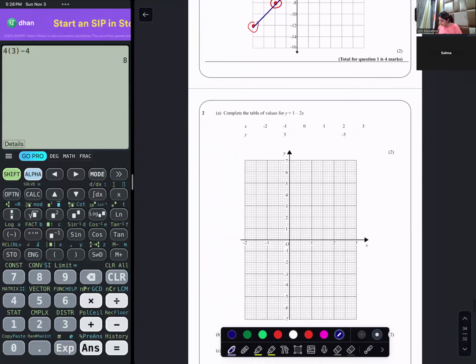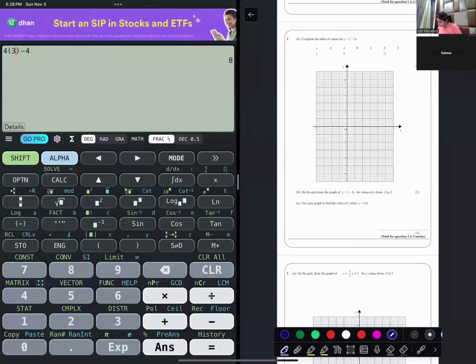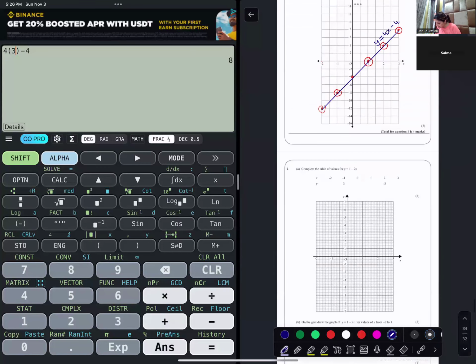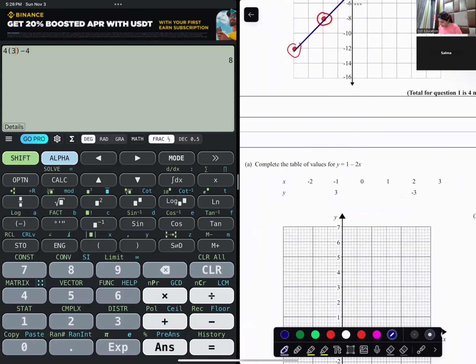Let's do another example. I have to complete the table. To complete the table, what am I supposed to do? Please have a look at the calculator. Y is equal to 1 minus 2x. So I will write 1 minus 2, and x is going to change continuously, so I will put the bracket.